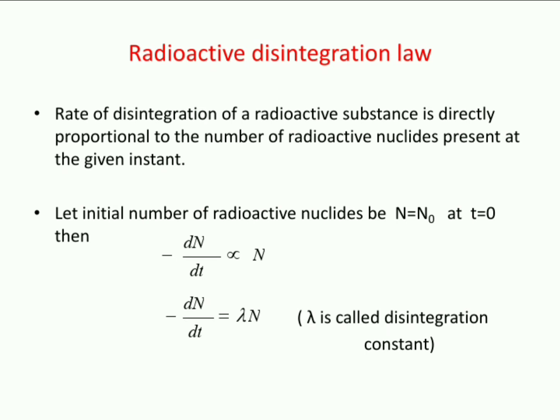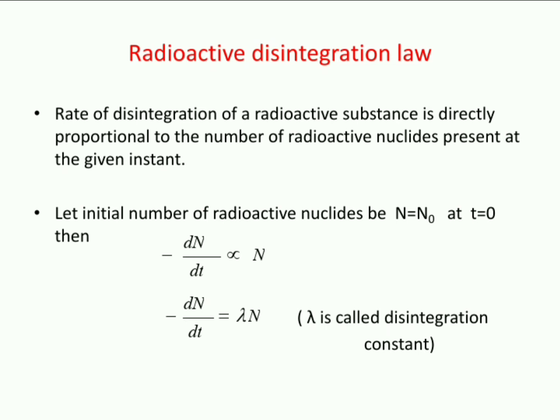So the number of uranium atoms or the radioactive nuclides start decreasing with time. So the decrease in the number of uranium or the radioactive nuclides, I am writing it as minus dN in a time interval dt. So rate of disintegration is minus dN by dt.